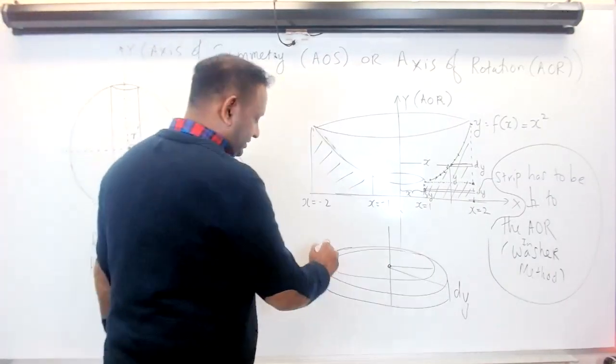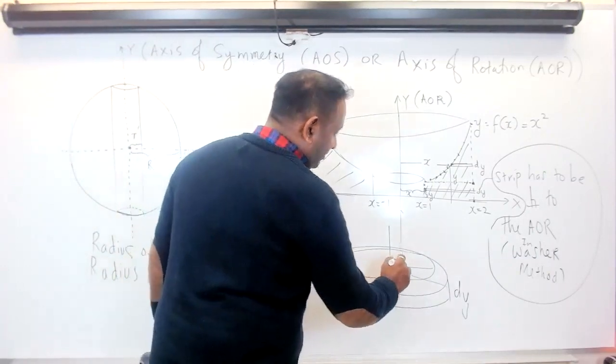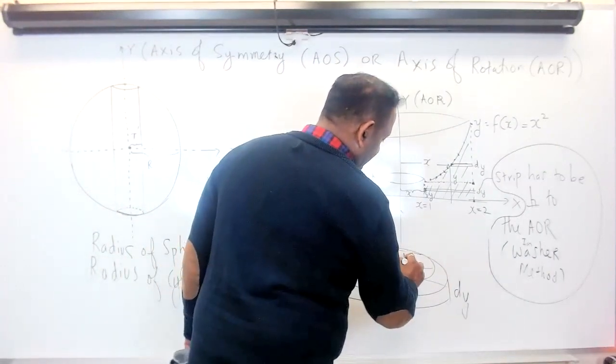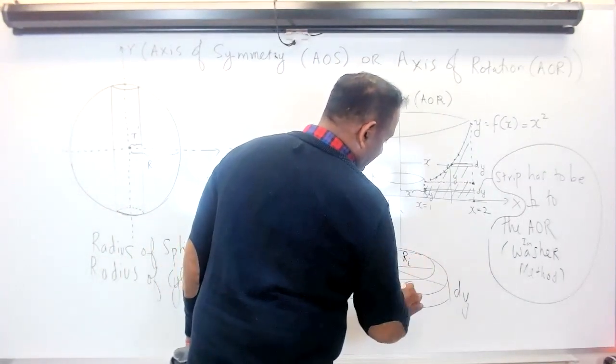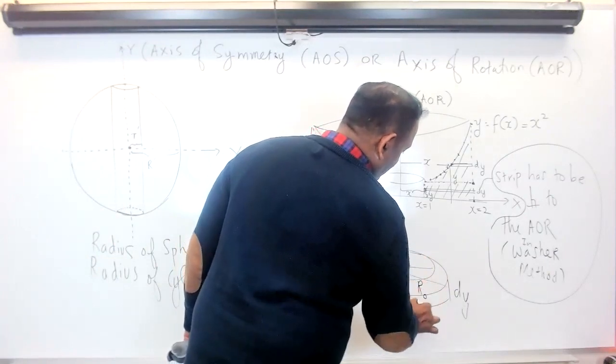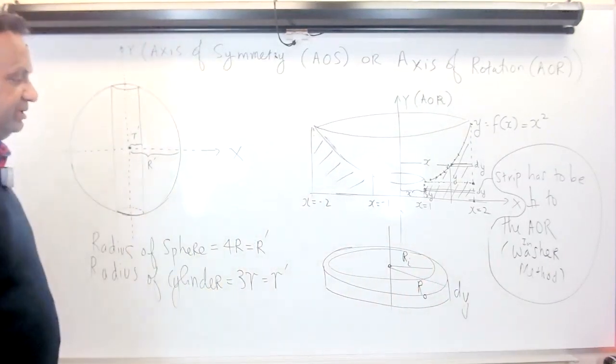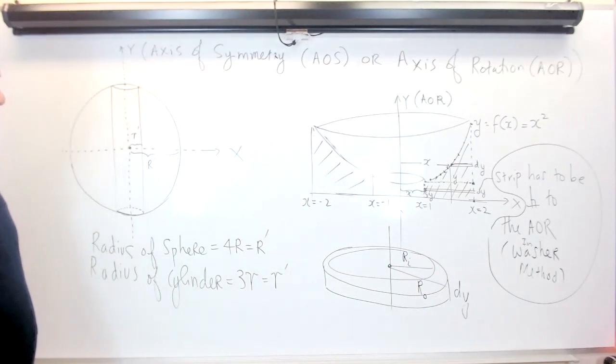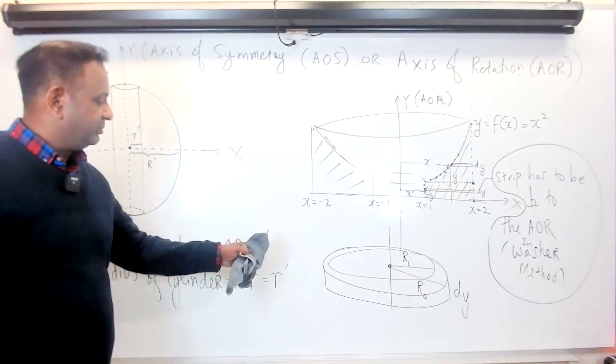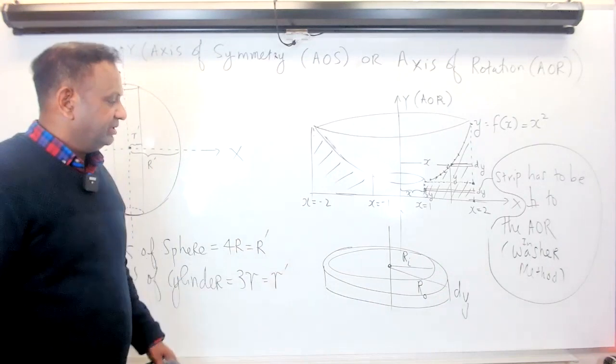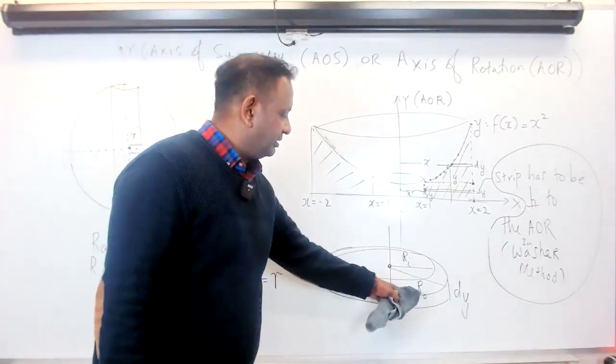So look at this one, this height is this one. Since it's a washer, I'm going to call the inside radius Ri and the outside radius R naught. It's not a different notation, not R prime, simply Ri and R naught.